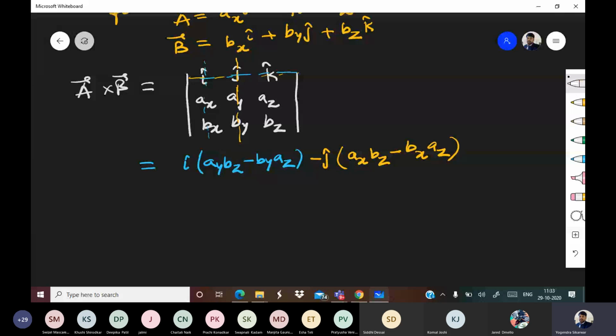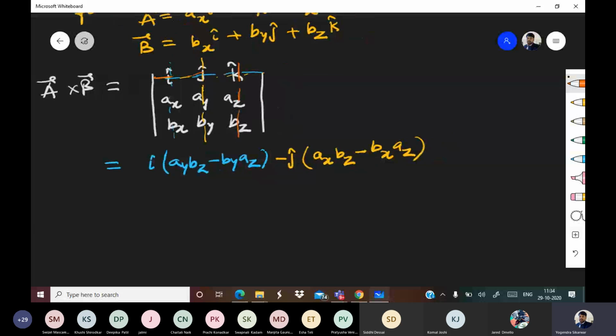Now let us talk about k. So when we are shifting here, it will be again plus, because alternate plus minus. So plus k cap. Now multiplication will be Ax By minus Bx Ay. So that will be the value of A vector cross B vector.